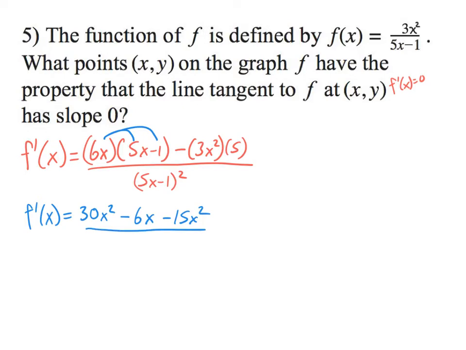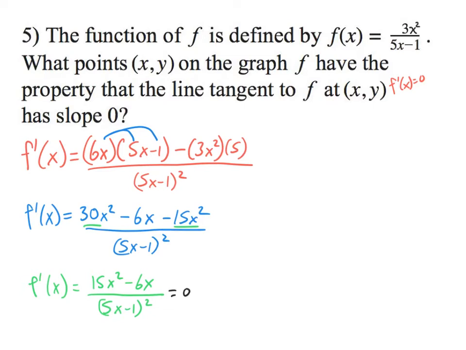That's all over 5x minus 1 all squared. All right, not done completely simplifying it. Let's do one more step. What we can do on the top is this and this leave us 15x squared minus 6x all over 5x minus 1 all squared.